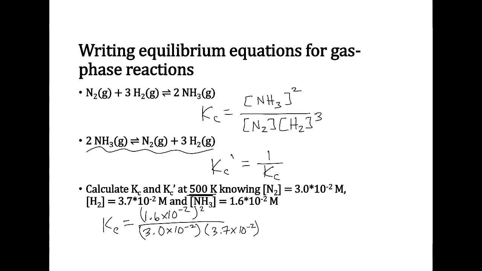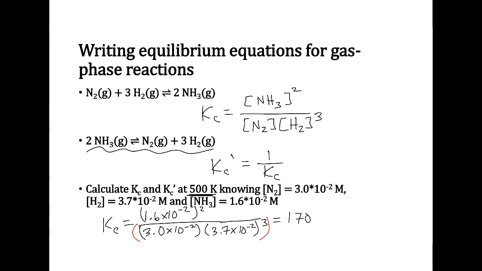So you end up with this expression. When we plug and chug, we get Kc is equal to 170 without units. Watch your order of operations. Make sure when you plug this into your calculator that you have your whole denominator in parentheses, or you solve for your denominator and your numerator separately and store them as variables.